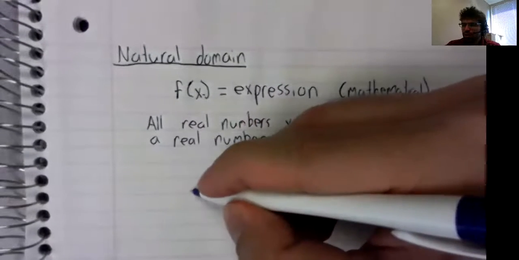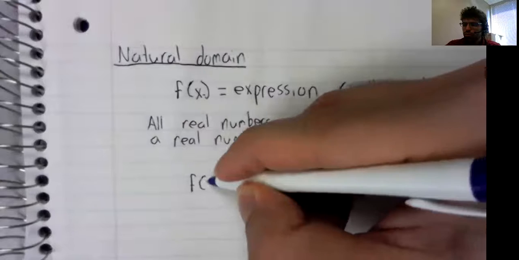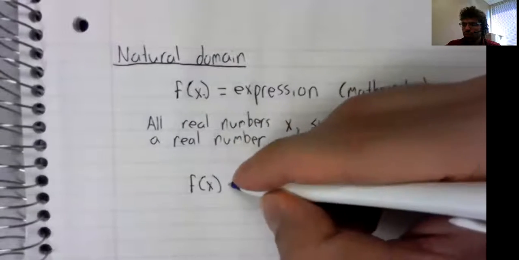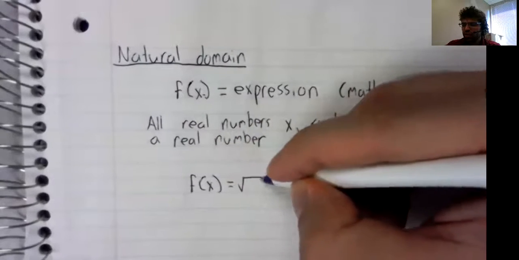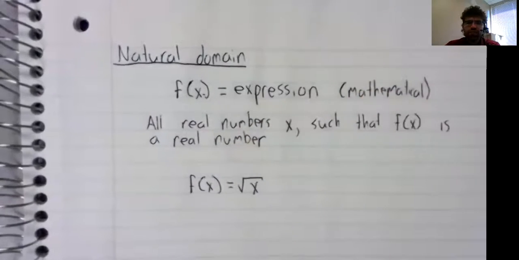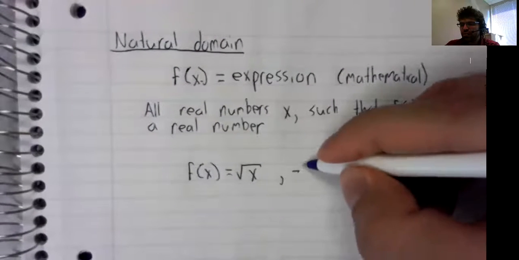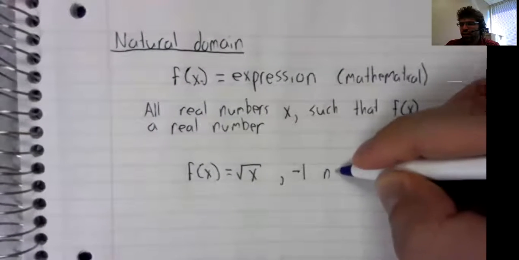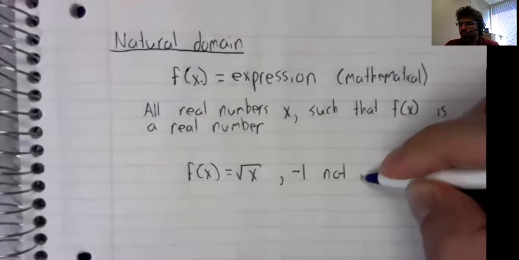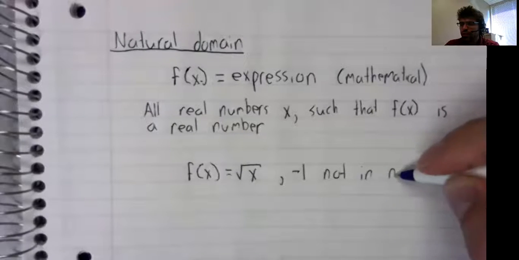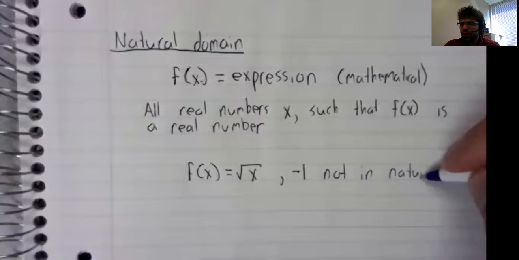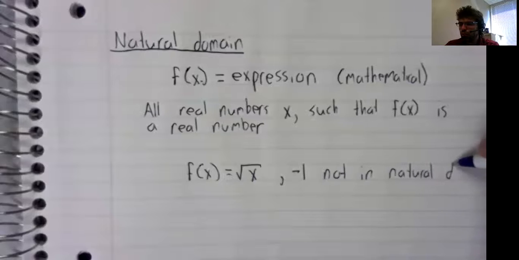So going back to those examples on the previous page, if we've got f of x equals the square root of x, -1 is not in the natural domain.